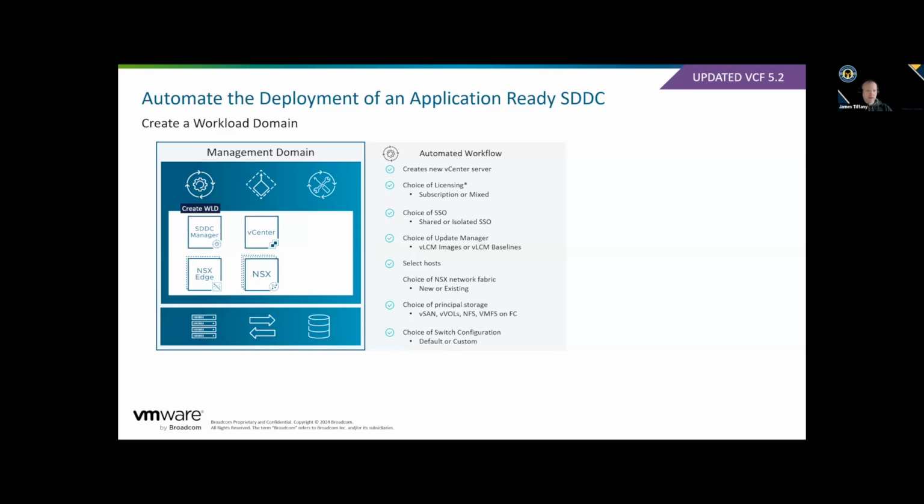There are some choices around that. Some people are still using images, whereas you might want to go to baselines. Around NSX, you have to deploy it first with the first workload domain, and then going forward, make that decision. But again, it's things like choosing principal storage.